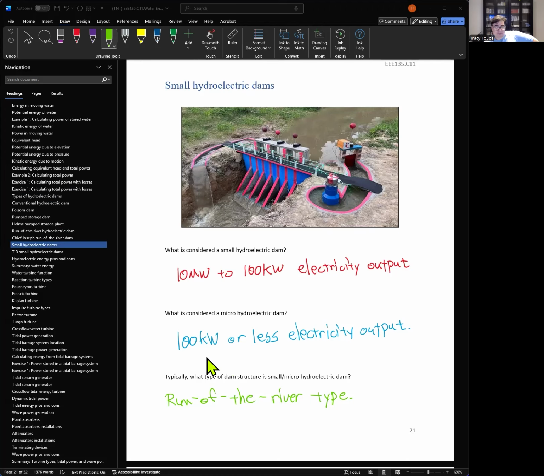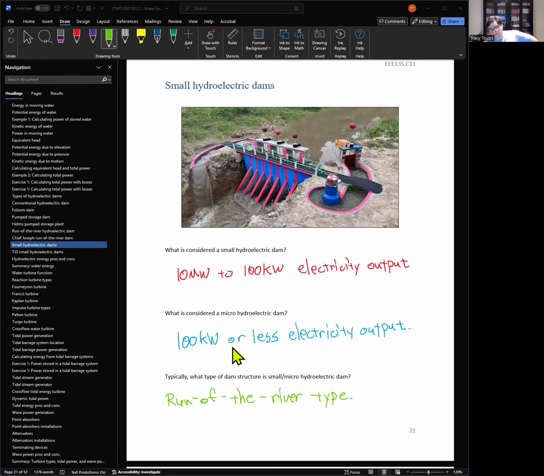So 100 kW is maybe 50 houses or maybe a medium-sized neighborhood. Okay, so if you have a very small village of maybe a couple thousand people, you might be able to make a micro dam and use that to power that small community. That could happen. But don't expect these small dams to power a whole city. It's too small.